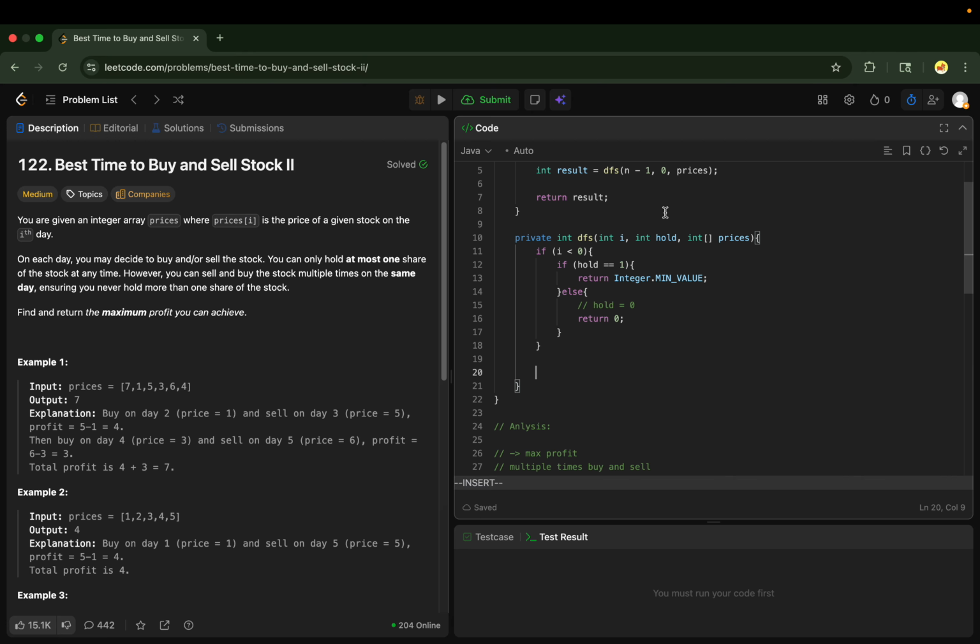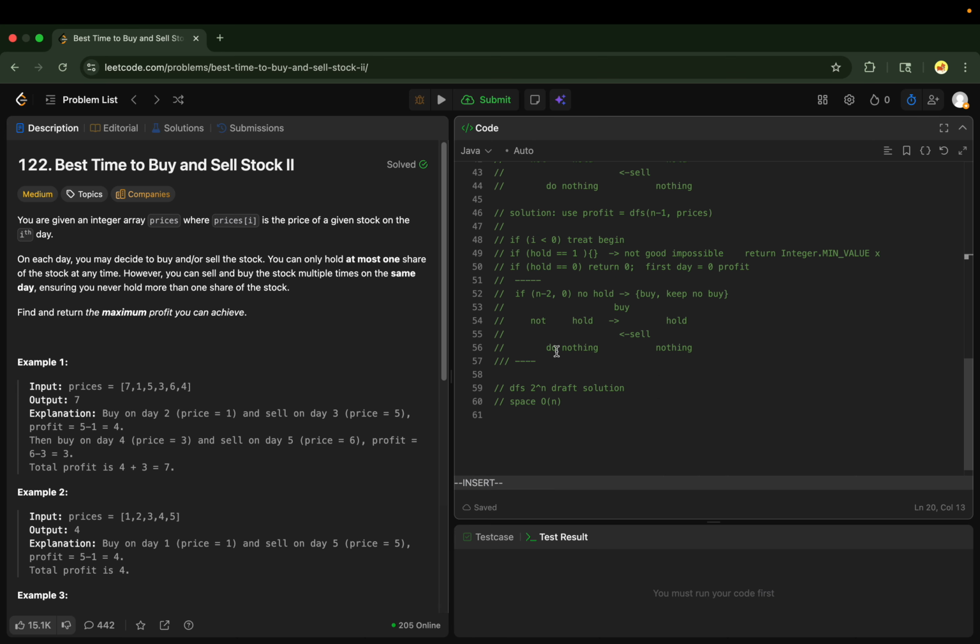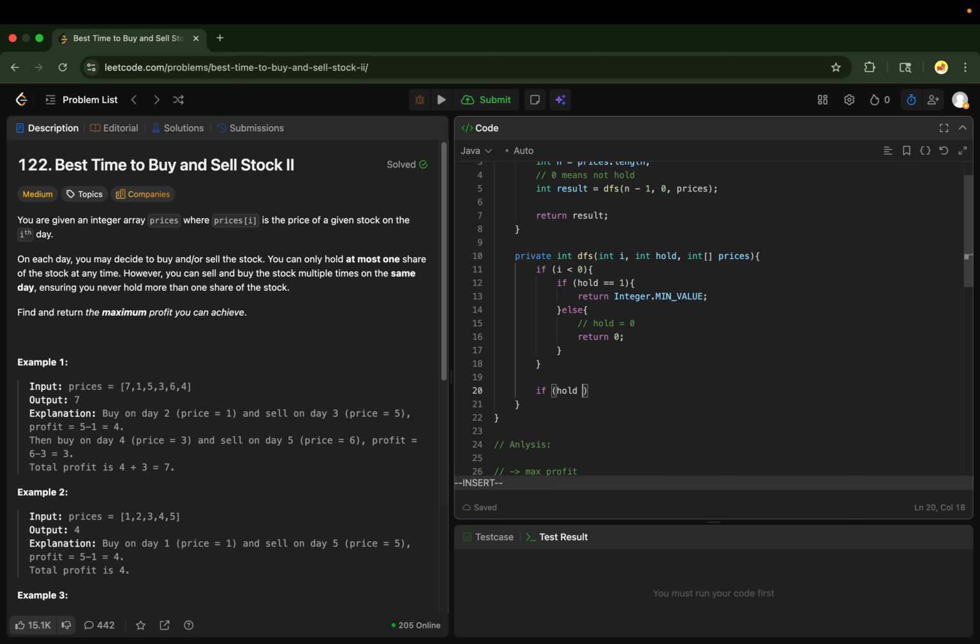Okay, so for now we have some conditions to translate. We have to check if hold is equal to 1, we have some situations to handle: you can sell it or keep holding. So we return, but we want the maximum profit, so max of DFS previous one.